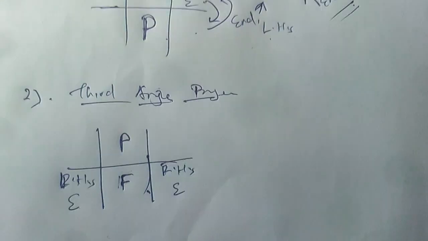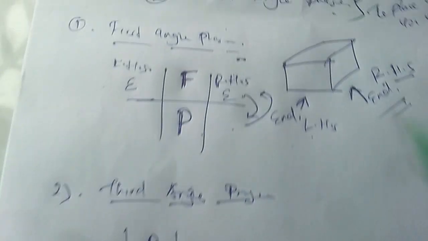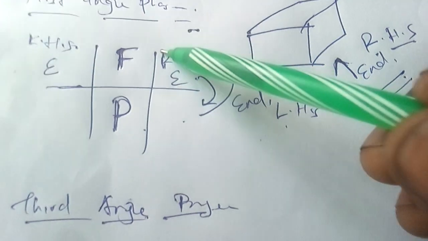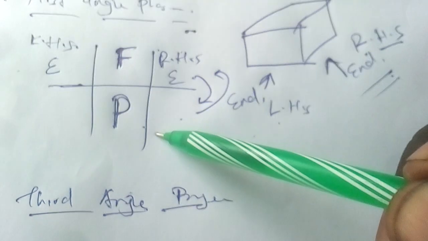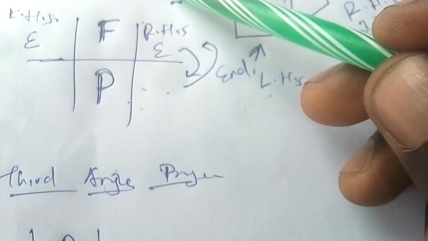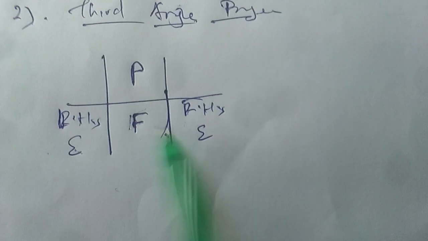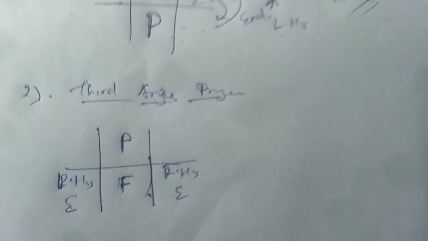This is our third angle, where the front becomes the bottom and the plan becomes the top.